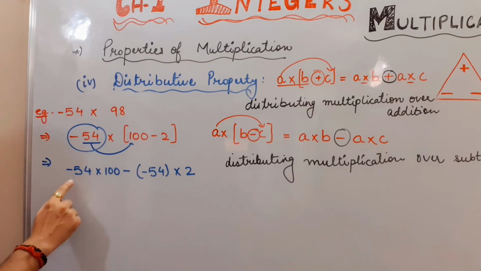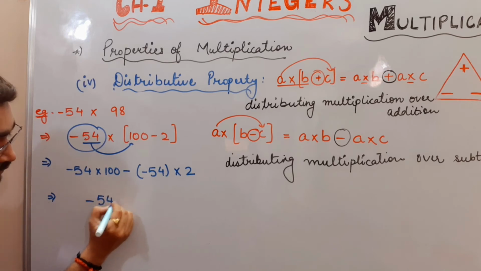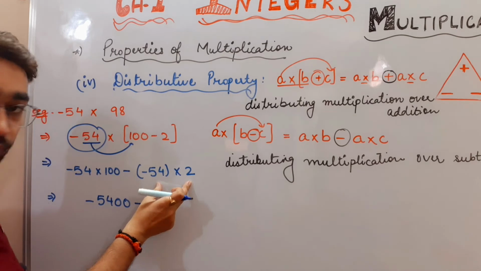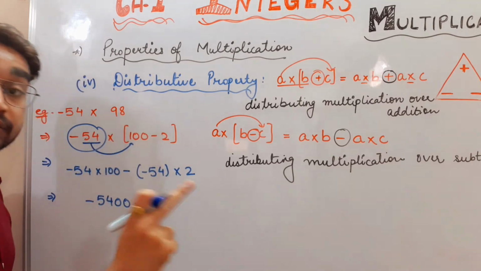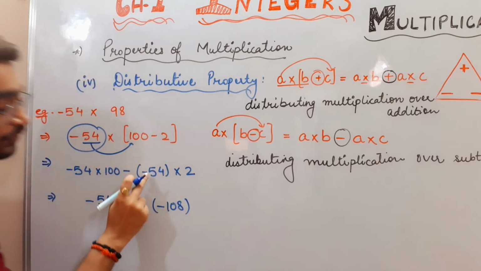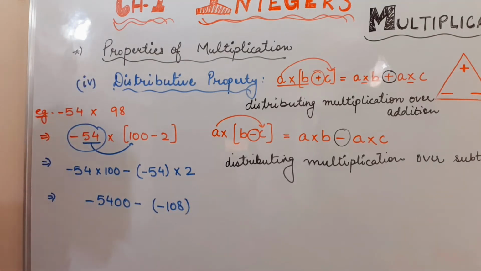Great. Then we can easily solve it now. Minus 54 into 100 will become minus 5400. Then minus 54 into 2. What is the double of 54? 108. So minus 108. Why minus? Because this is positive, this is negative. Answer will be minus 108.